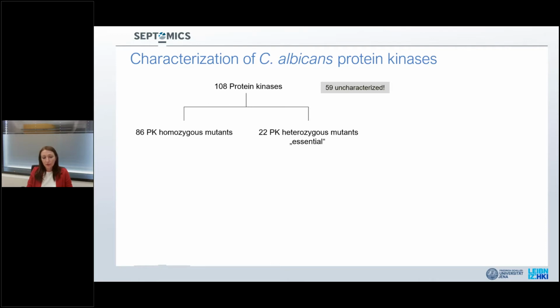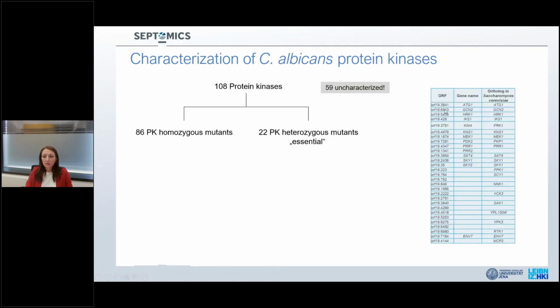But for a good handful of those, nearly half of the 59 uncharacterized kinases, we still didn't have any known phenotypes. Here is a list of the kinases that we subjected to a phenotypic microarray analysis in order to screen for possible phenotypes and assign them some functions.